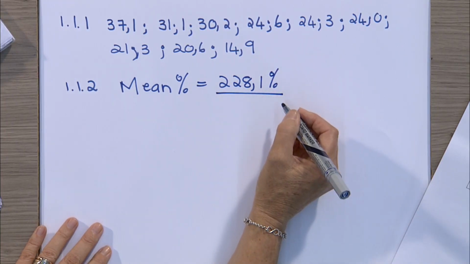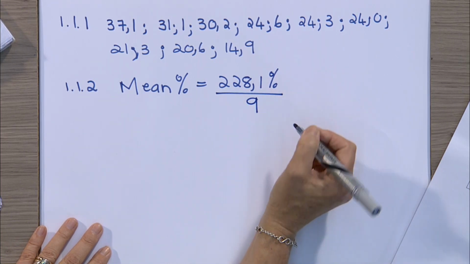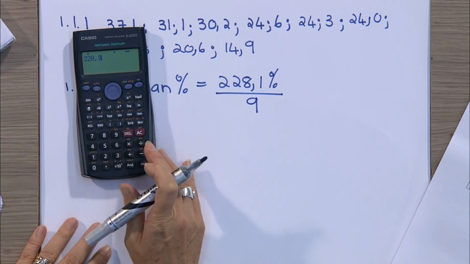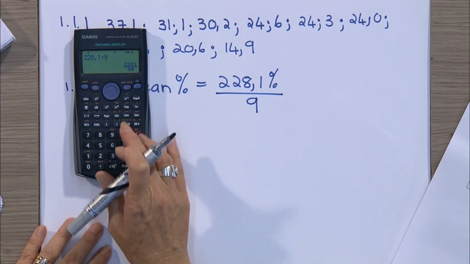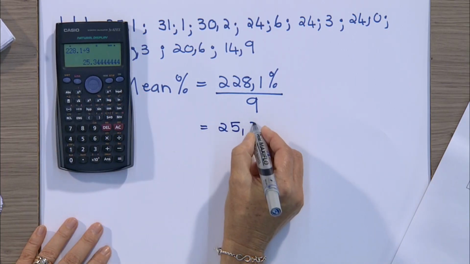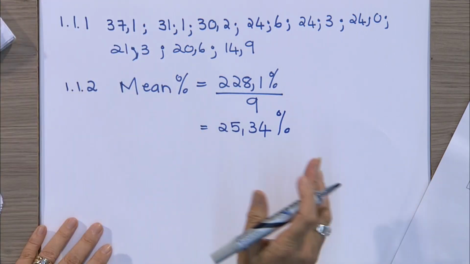Then I'm going to divide it by 9. Why by 9? Because there's 9 provinces. So I'm going to say 228.1 divided by 9. Then the answer is 25.34%. Now I have the answer.